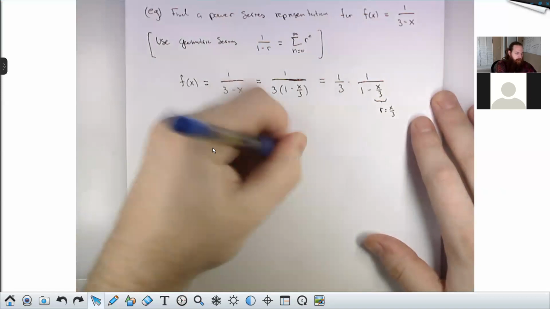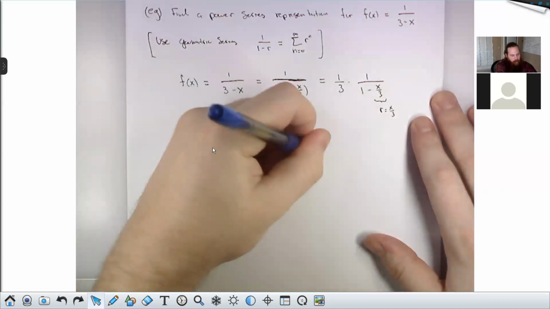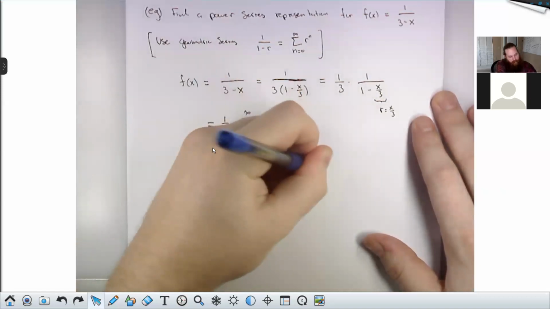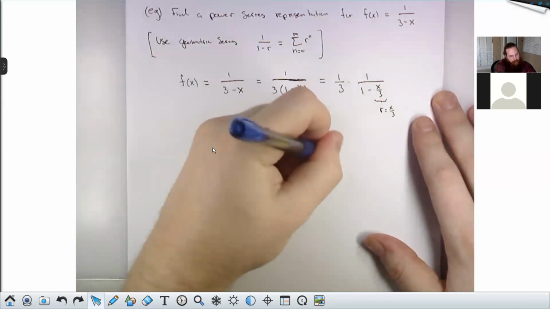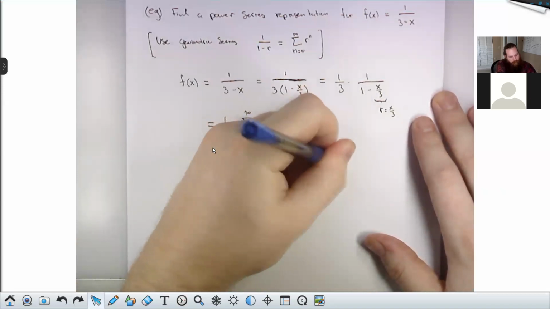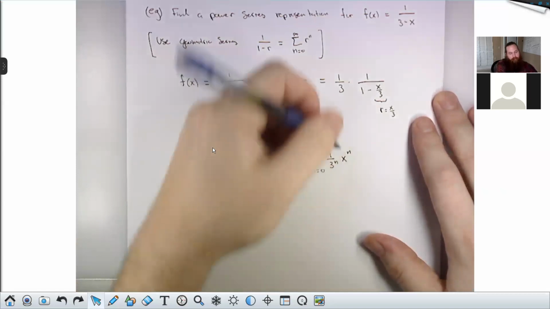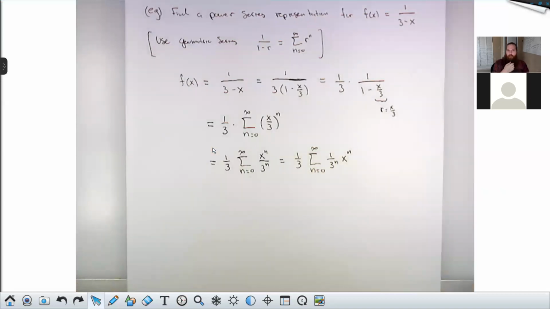And this is the same as 1/3 sigma n from 0 to infinity 1 over 3 to the n times x to the n. And that's starting to look like a power series, right?